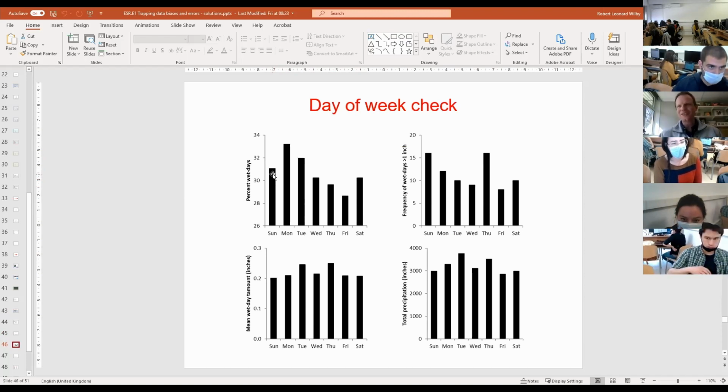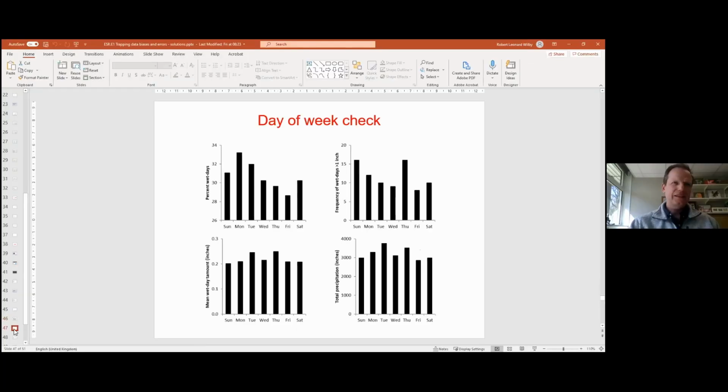The so-called Sunday effect may be evident here in terms of the lower frequency of rain days. But I've got an open mind about that one.